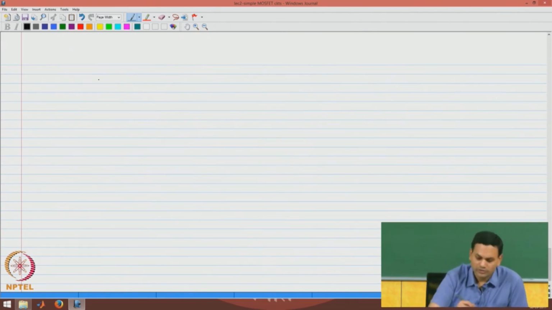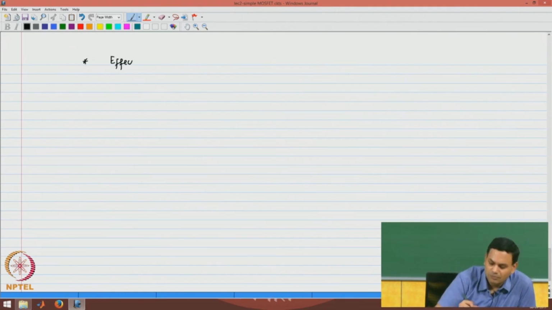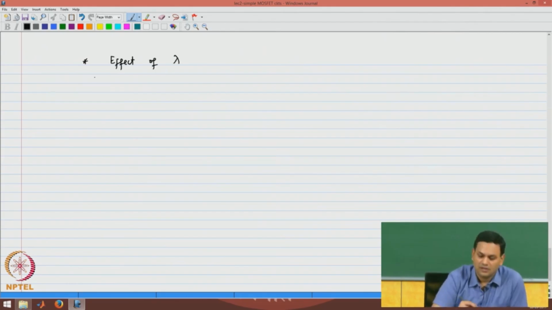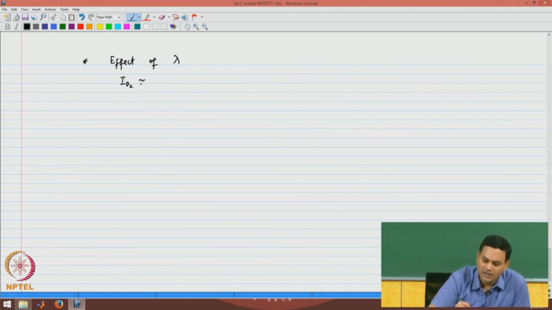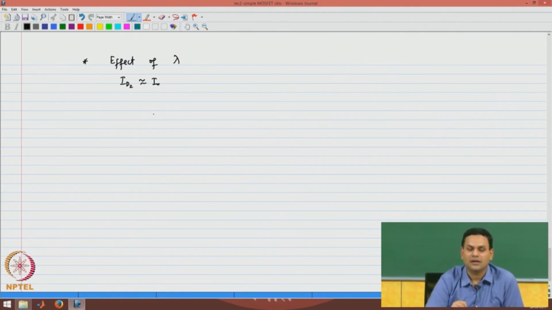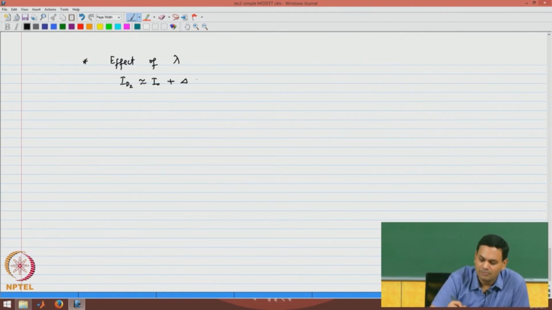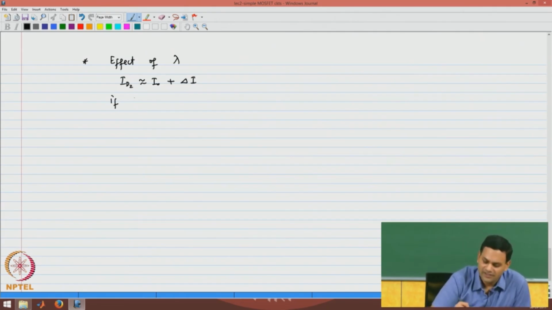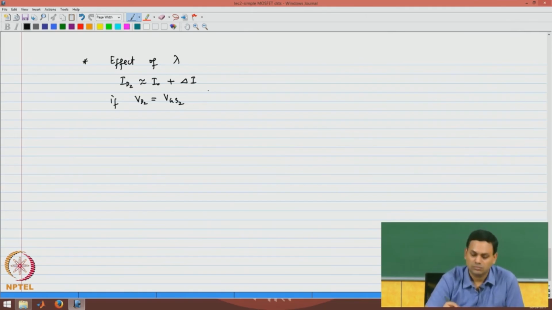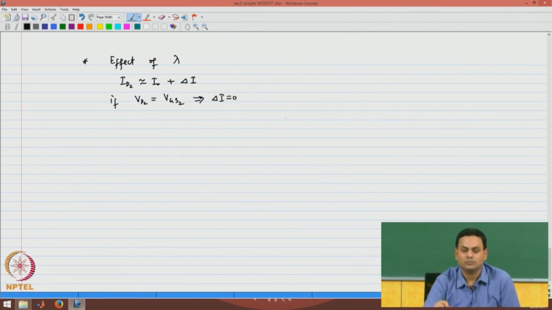There is a third point to note, which is the effect of lambda. ID2 will be nominally equal to I naught, but there will be some delta I depending on the drain voltage. If VD2 was equal to VGS2, then delta I is 0.